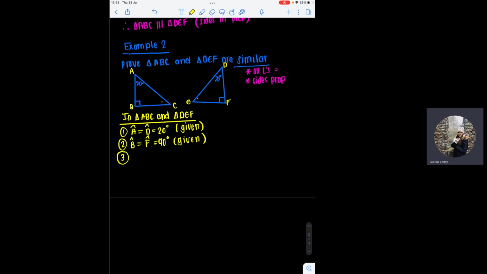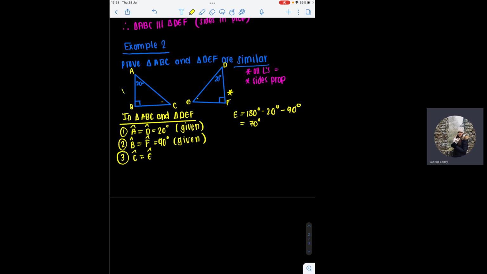And we can say that angle C is equal to angle E. The reason for this is if I work with this triangle over here, I do the interior angles of a triangle. I know E will be 180 minus 20 minus 90 because all my angles in a triangle need to add up to 180. So this is going to be 70 degrees.